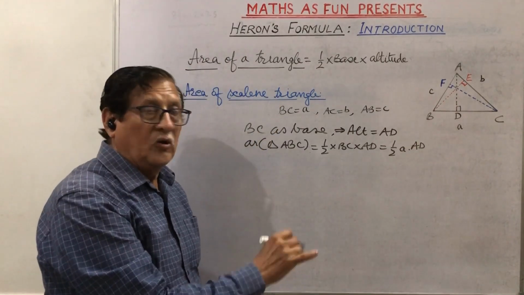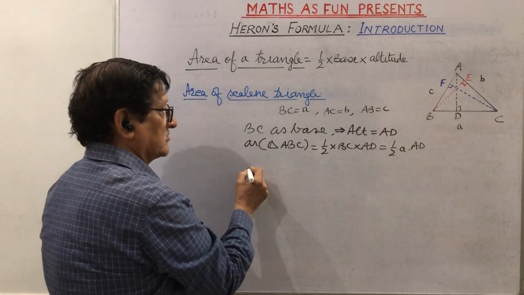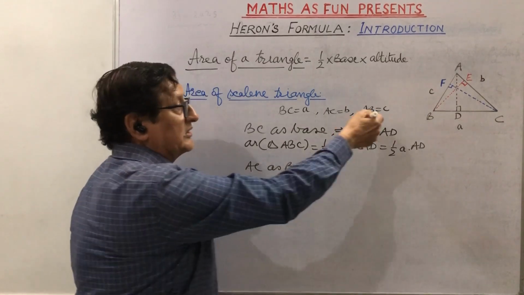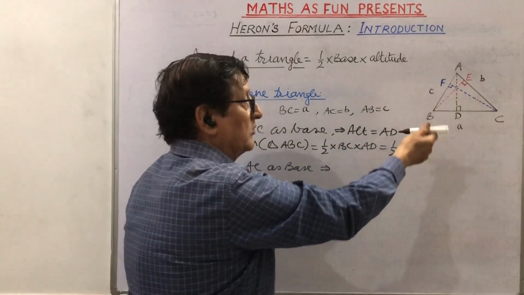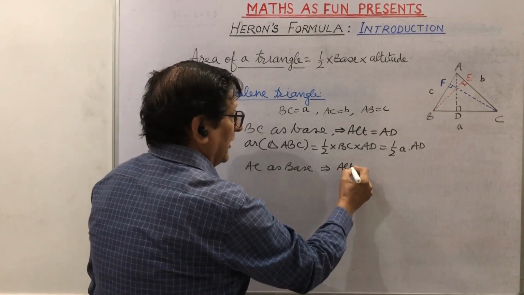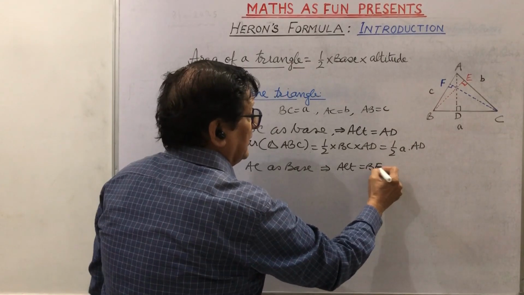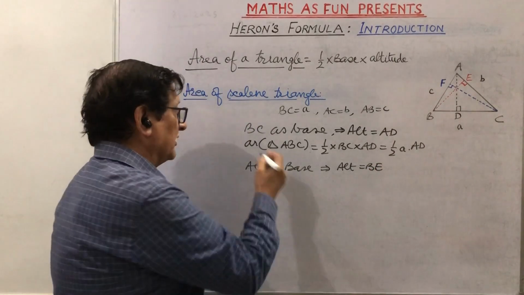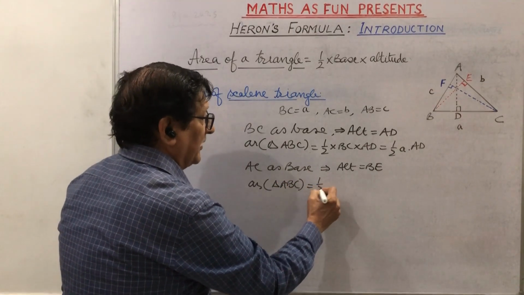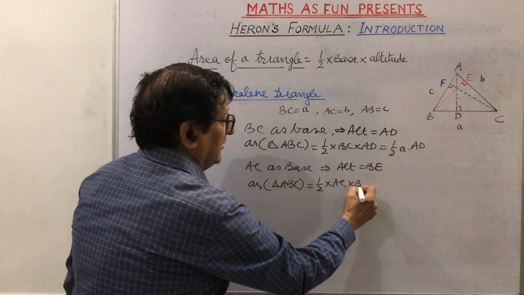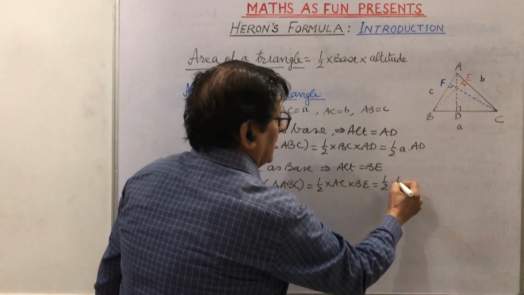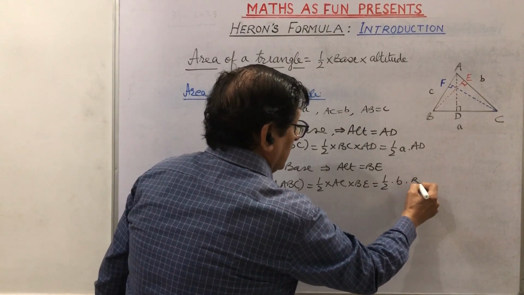In case we consider AC as the base, then the altitude will be the perpendicular from B to AC, that will be BE. Then we can say altitude will be BE, and hence the area of triangle ABC will be given by half into AC into BE, or we can say this is half into B into BE.